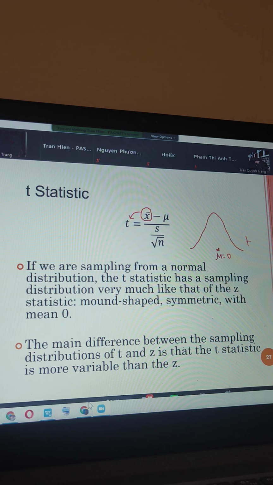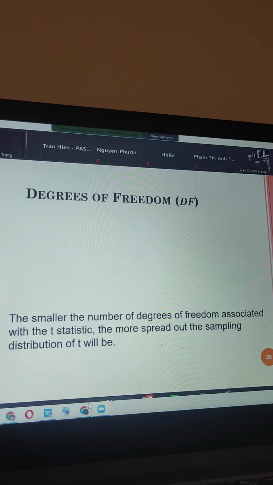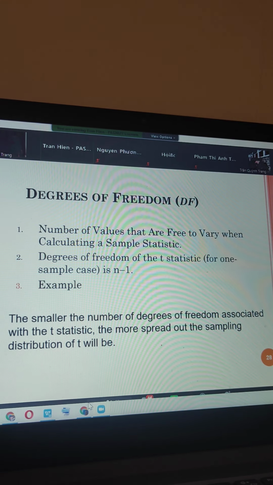The main difference between the sampling distributions of T and Z is that the T statistic is more variable than the Z. So the T distribution is a family of similar probability distributions, with a specific T distribution depending on a parameter known as the degrees of freedom.